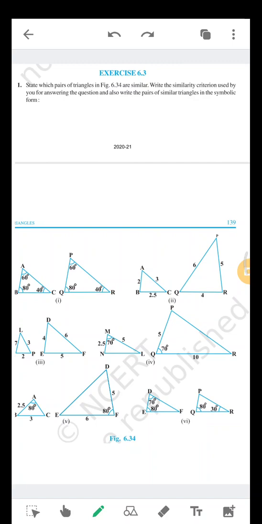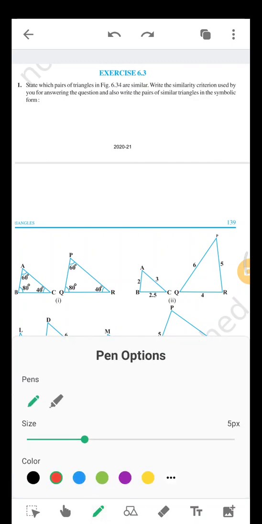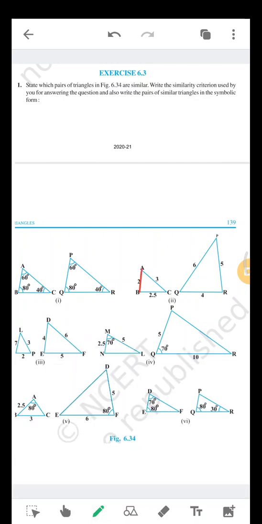So you can check here, AB by QR is giving you 1 by 2, then BC by PR is giving you 1 by 2, then the last one, AC by PQ, is also giving you 1 by 2 here.